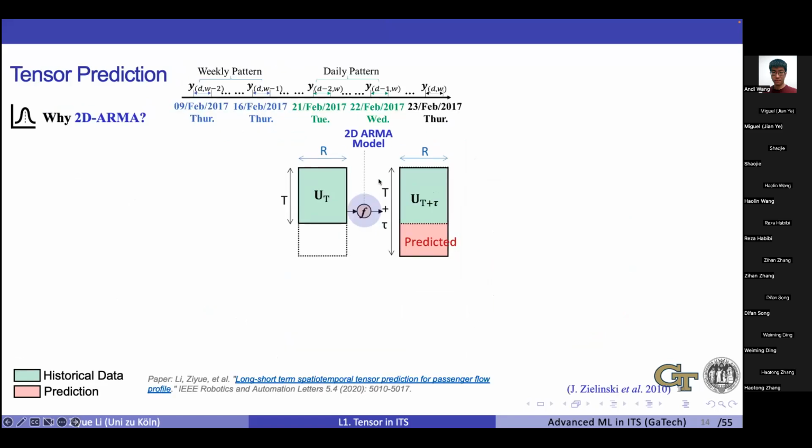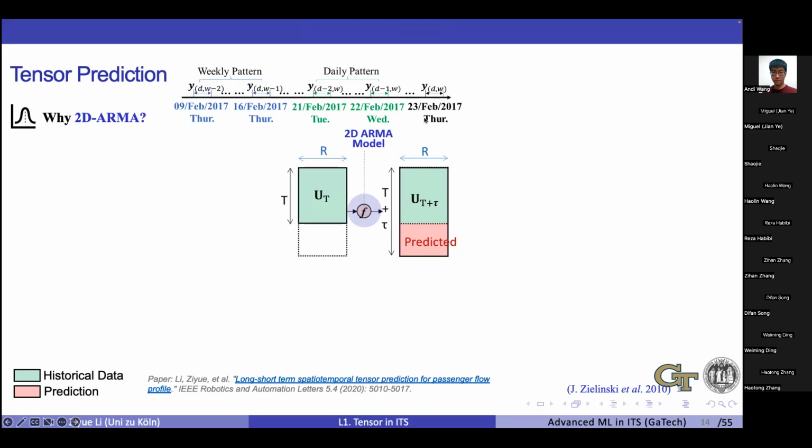So the intuition is like this. For example, this was data from 2017, so it's quite old, 5 years already. For example, we want to predict the Thursday on this day. This Thursday's passenger flow should be similar to 1 day before, Wednesday, and 2 days before, Tuesday, in the same week, right? So it's basically the same week W, but D-1 and D-2.